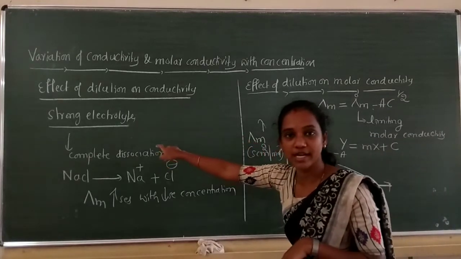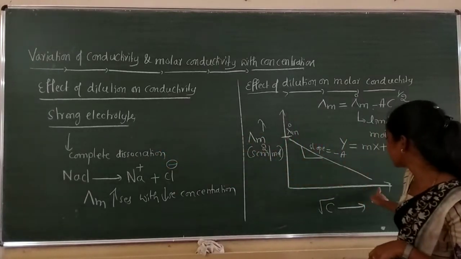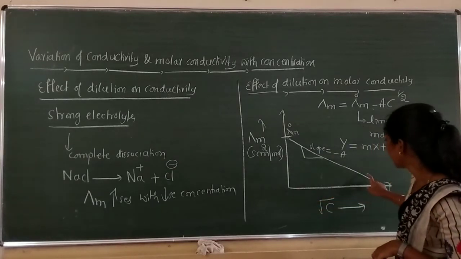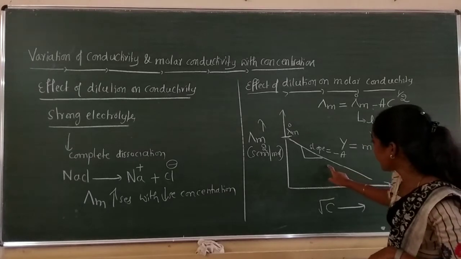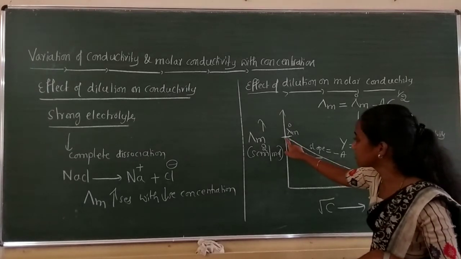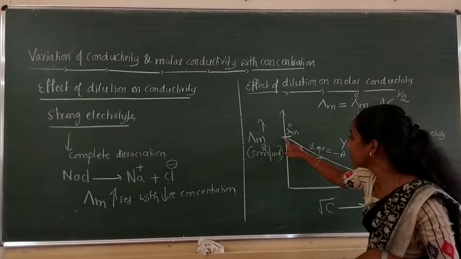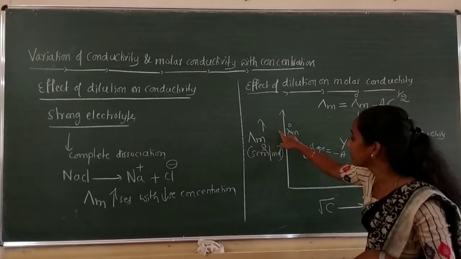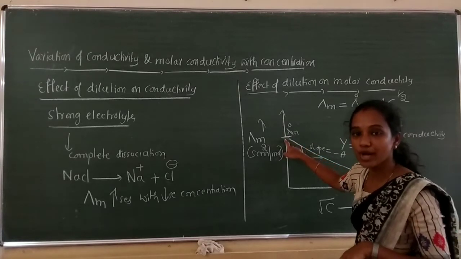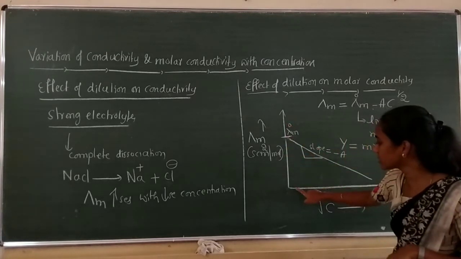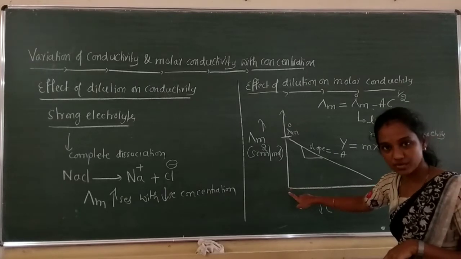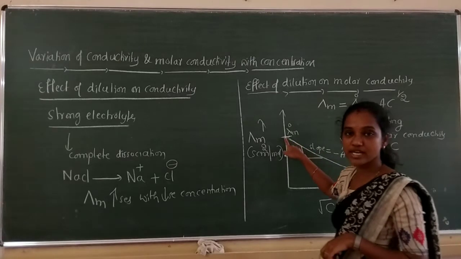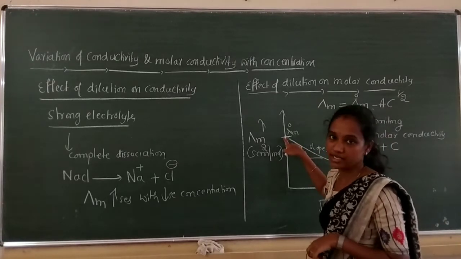In case of strong electrolytes, as we decrease the concentration, as the solution is diluted, molar conductivity gradually increases and it reaches a value where afterwards there will be no change in the molar conductivity value. So when the concentration reaches almost zero, the molar conductivity measured is the limiting molar conductivity.